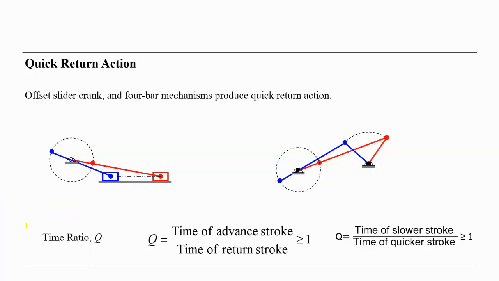this issue. Here it says that the offset slider crank mechanism and the 4-bar mechanism produce quick return actions.